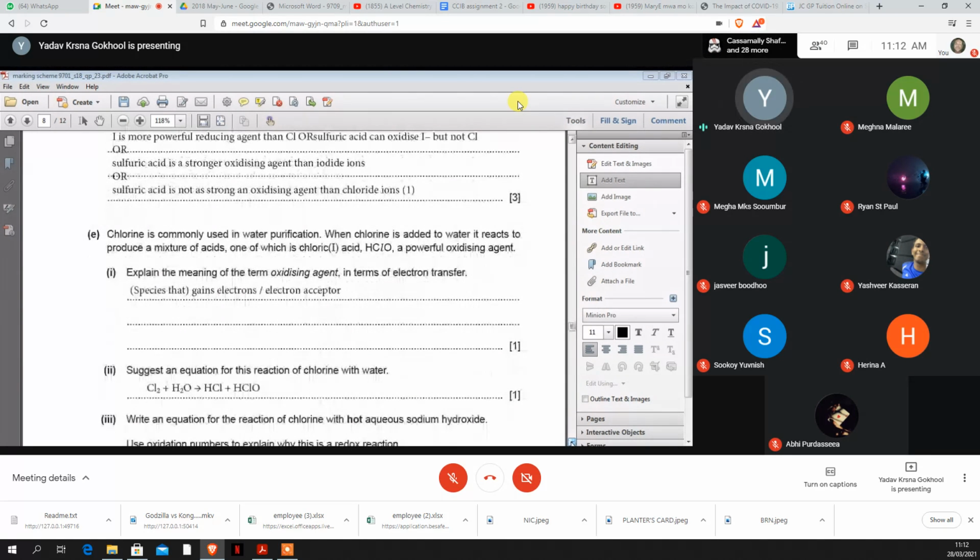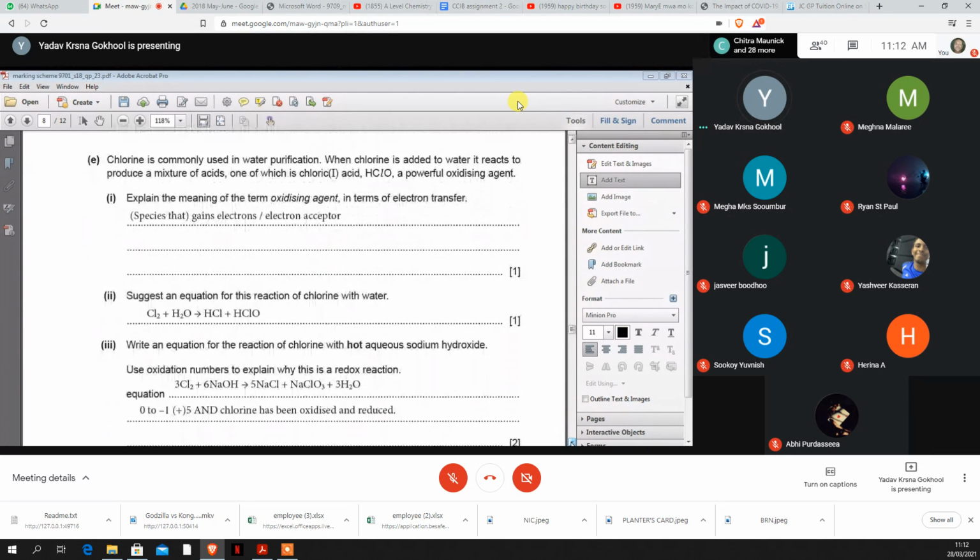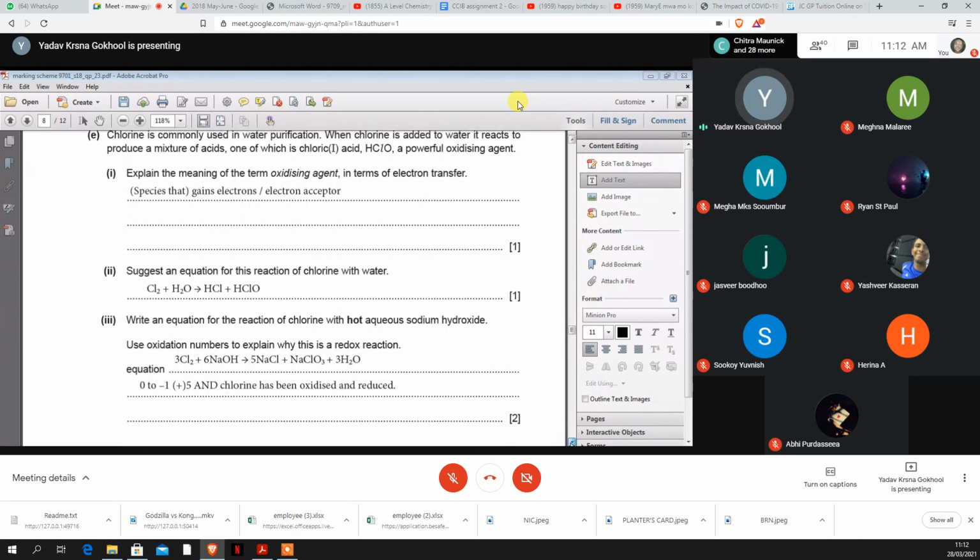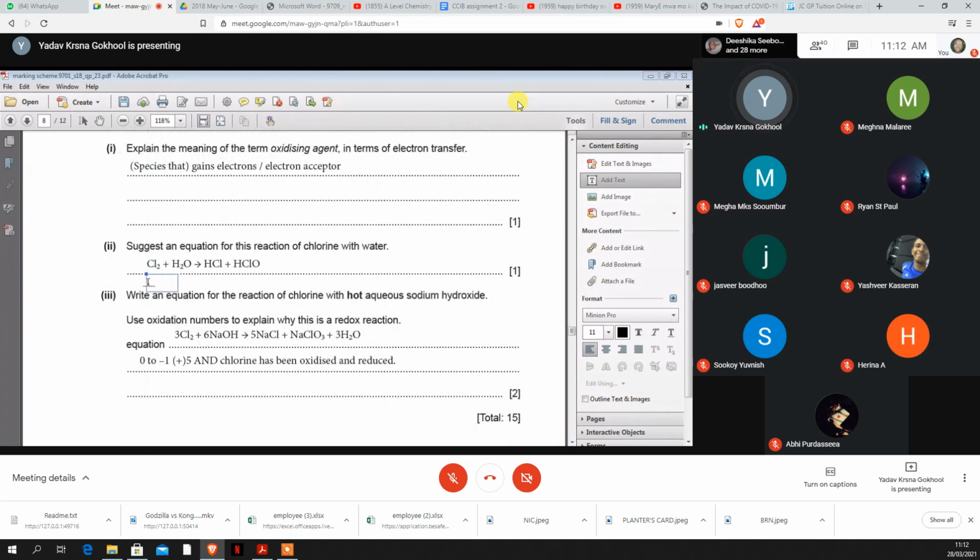Now, oxidizing agent, it is an electron acceptor. Now here I just wanted to write down, so here the oxidation number is 0. Here it will be -1. Okay, here now +1 plus x minus 2 equal to 0.